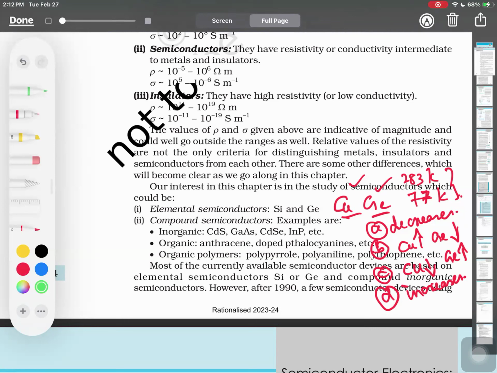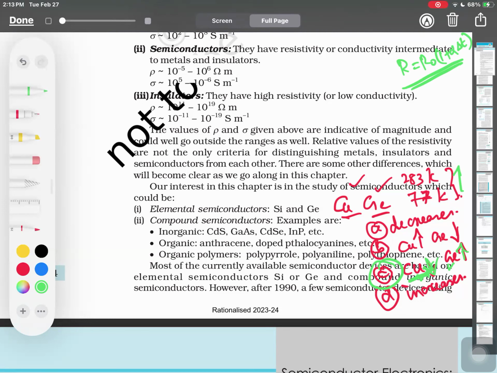The correct option is: the resistance of copper decreases and the resistance of germanium increases. What happens with the decrease in temperature? Definitely the resistance of copper, which is a metallic conductor, automatically decreases. We know that resistance depends on the change in temperature, alpha into delta T. If the temperature increases, the resistance of copper increases.